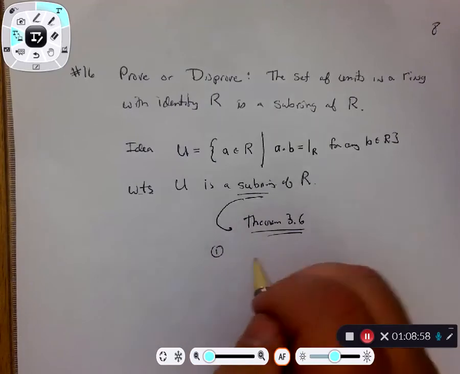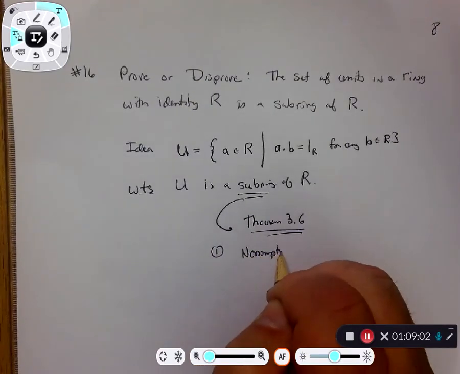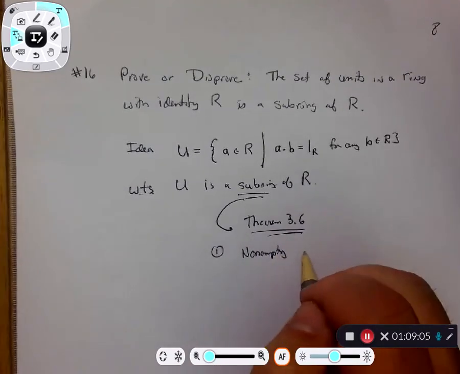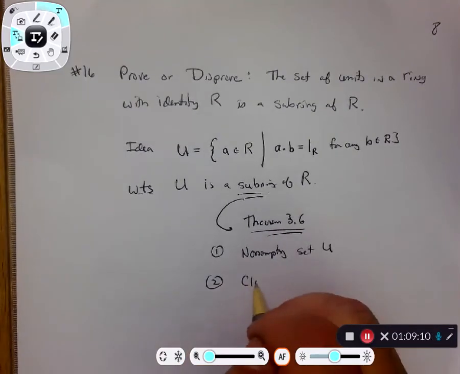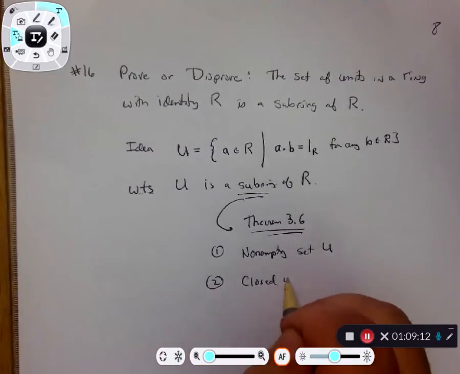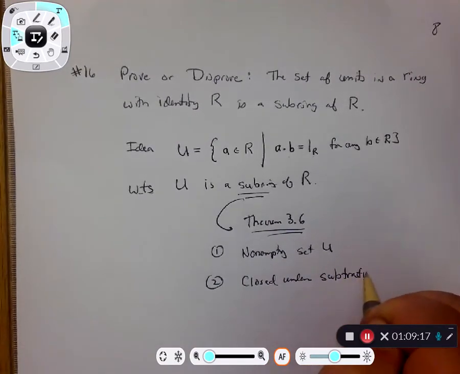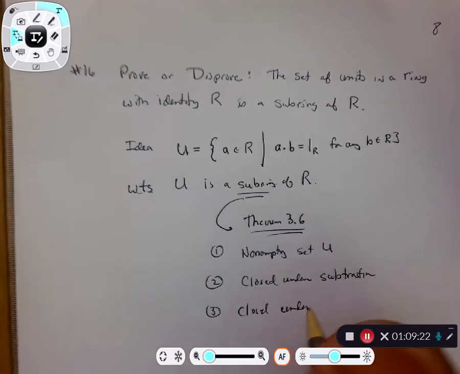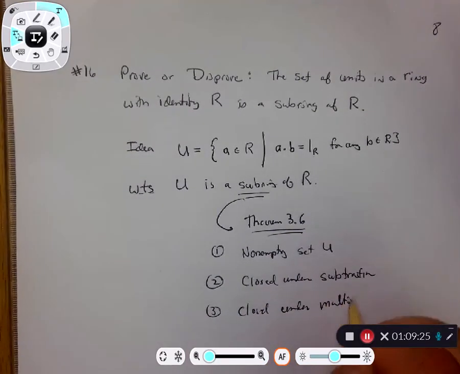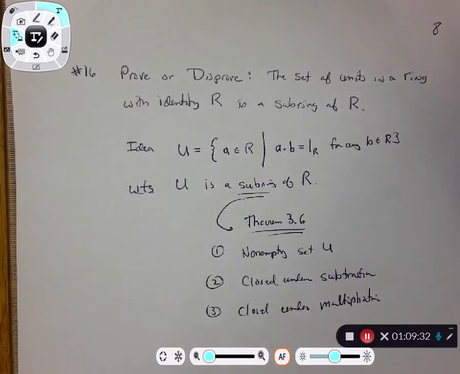Number 1, to prove it, you got to be non-empty set U. Number 2, you got to do closed under subtraction. And number 3, you got to do closed under multiplication. That's the way you think of Theorem 3.6 to prove actual subring.